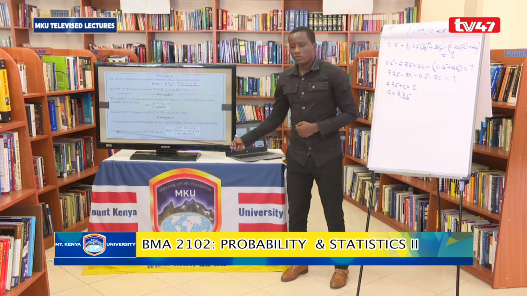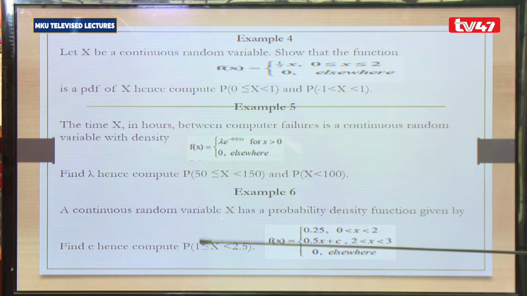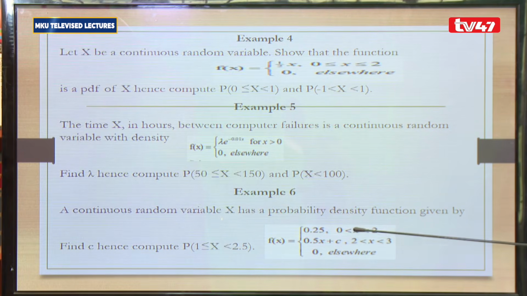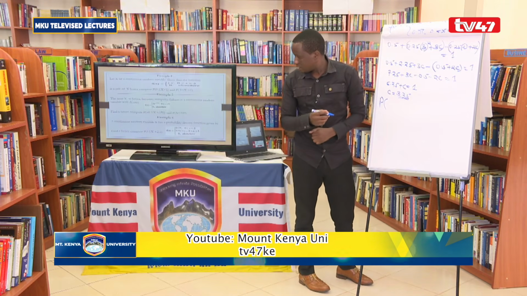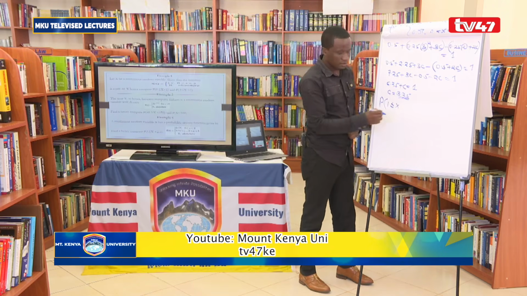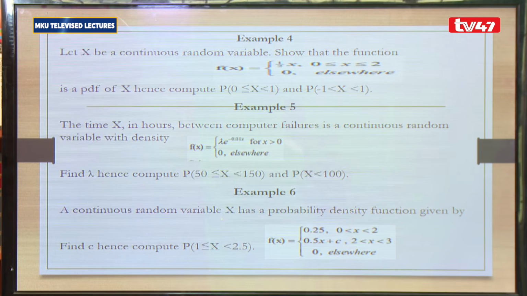And of course, from the property that the probability between A and B is the integral from A to B, you can be able to get it. You notice that these will capture both this and this. So if we are looking for the probability that X is in the interval 1 to 2.5, then this will have to be split because it captures both parts of that piecewise function.